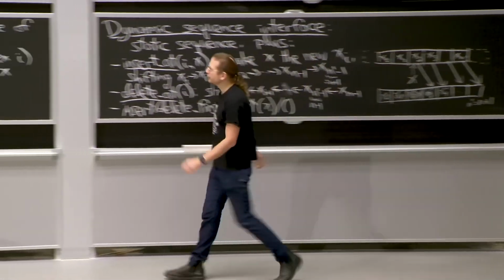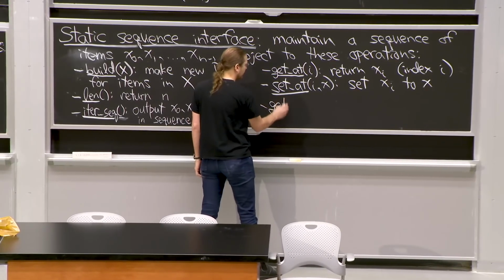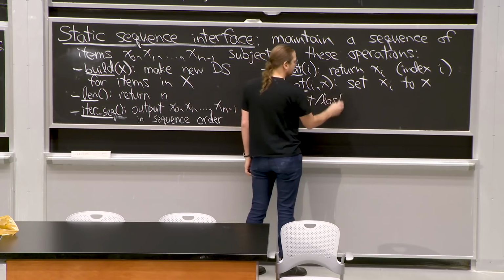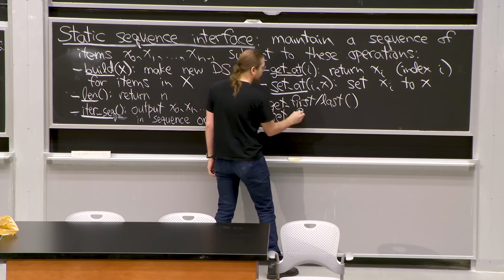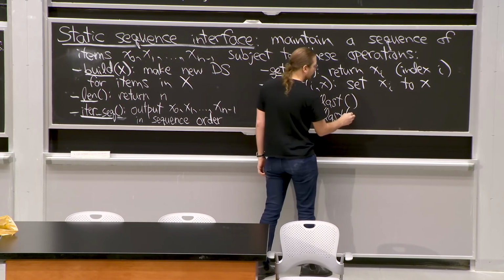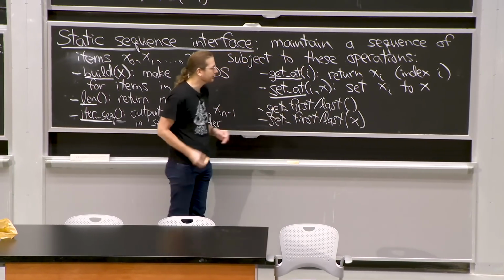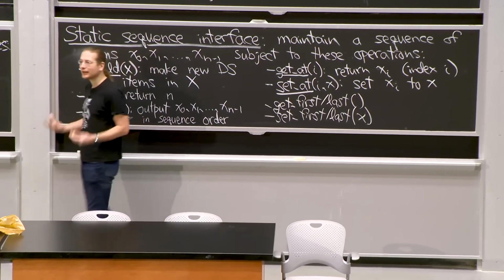And we're also interested in similar things here. We could do get first or last, or set first or last, which are the obvious special cases of get at and set at. Now, these special cases are particularly interesting in an algorithms context.